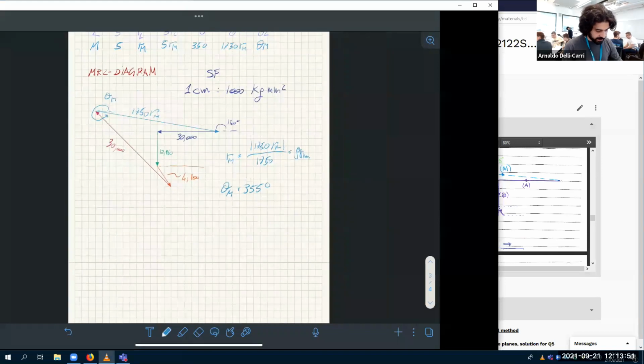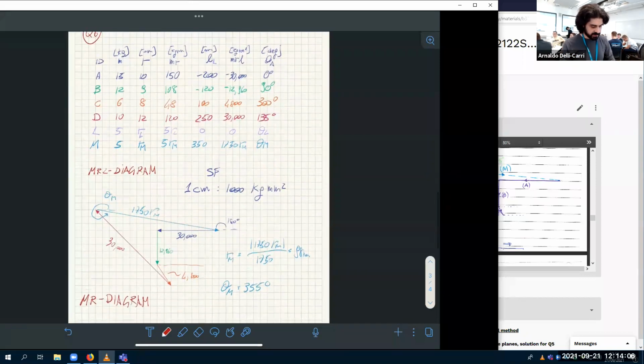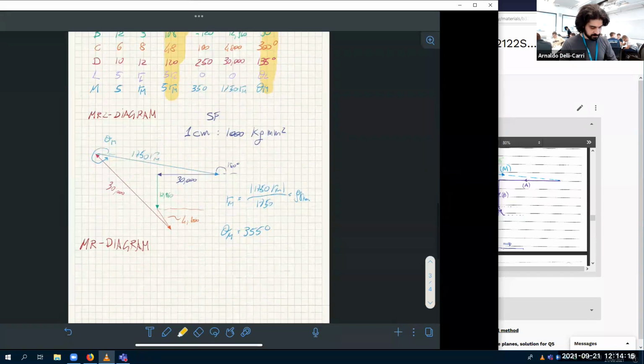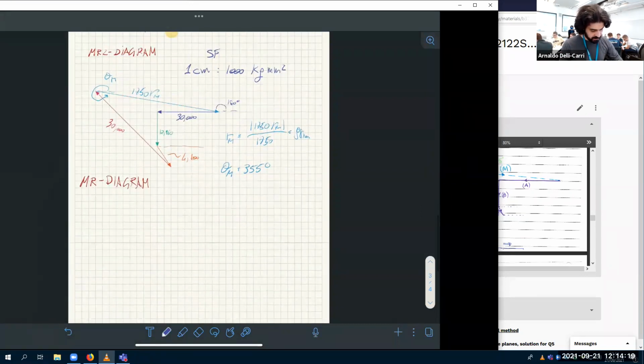Now let's do the MR diagram. The MR diagram is just, let's use this column and the angles. So you now have 6 vectors. It's 150 at 0. I'm going to sketch this very, very quickly. So 150 at 0.